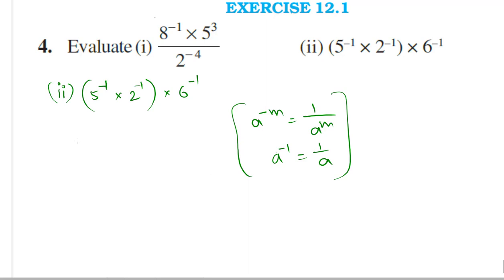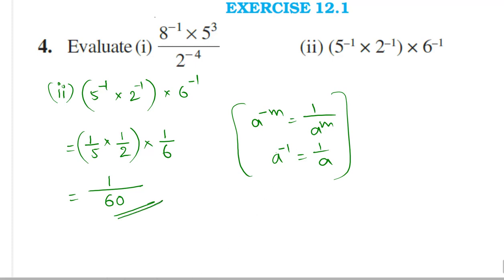So by using this identity, this is equal to 5 to the power of minus 1 means 1 by 5, then times 2 to the power of minus 1 means 1 by 2, then times 6 to the power of minus 1 means 1 by 6. This is equal to, just multiply the numerators and denominators separately. 1 into 1 into 1, 1 divided by 5 into 2 is 10, 10 into 6 is 60. So 1 by 60 is the answer.